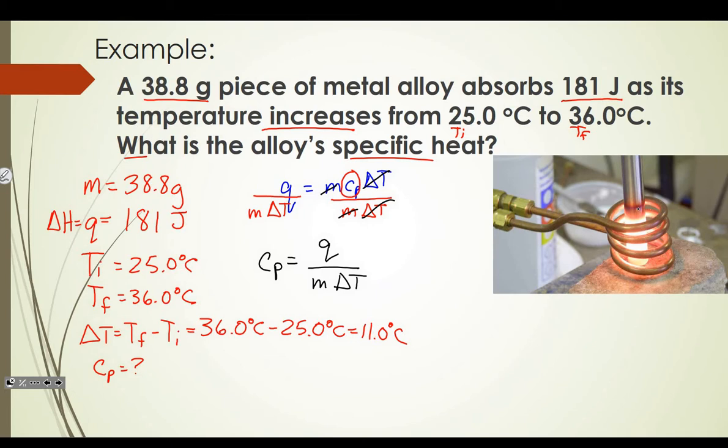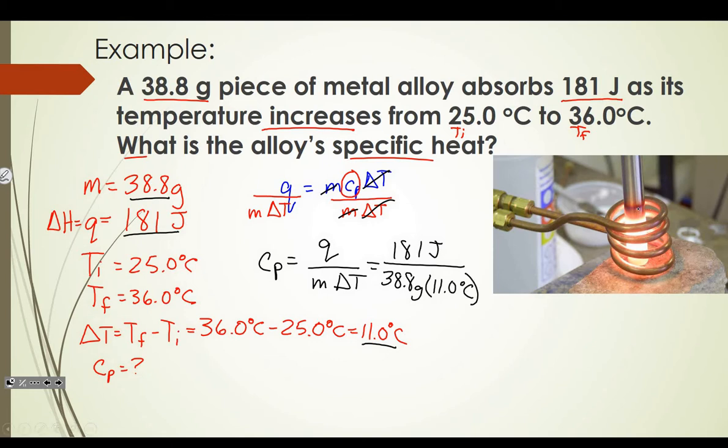At this point, all I have to do is put in what I've got. So I'm going to put in Q, I'm going to put in m, and I'm going to put in my delta T into the equation that I just solved for. So plugging in here, 181 joules divided by 38.8 grams times by 11.0 degrees Celsius.